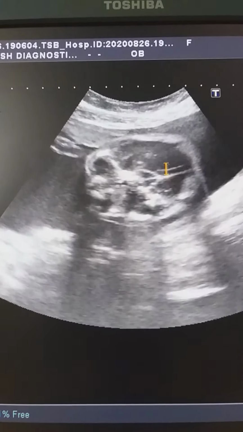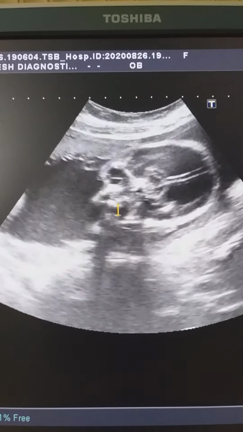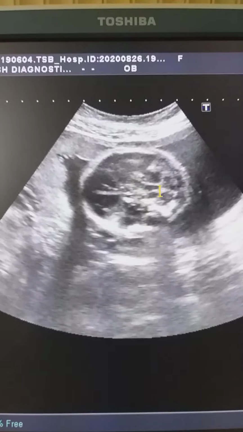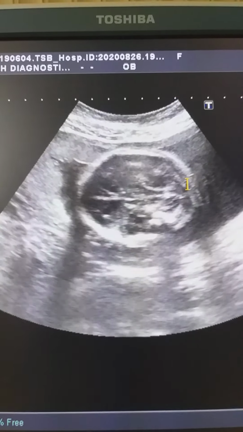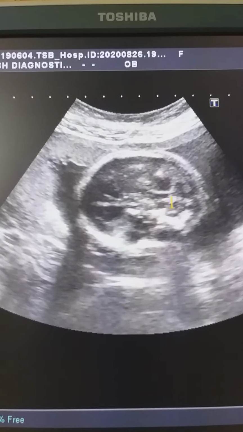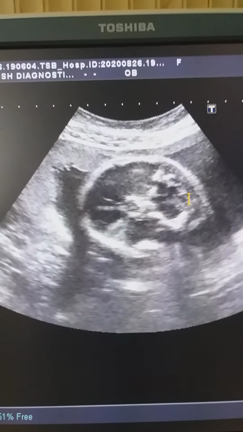And now I am going to the posterior cranial fossa. This is the posterior cranial fossa, and in this structure we can't appreciate the cisterna magna.